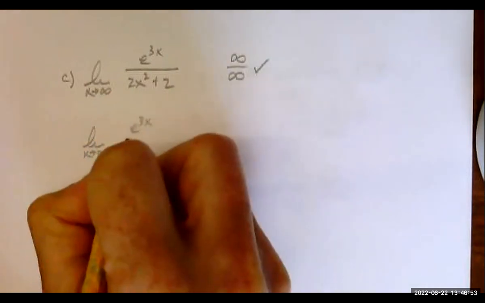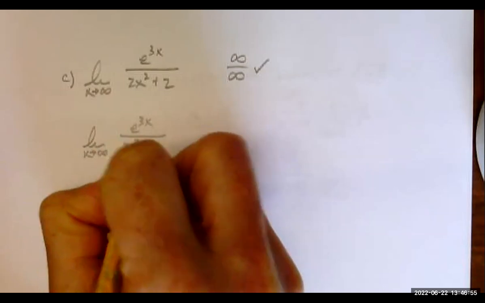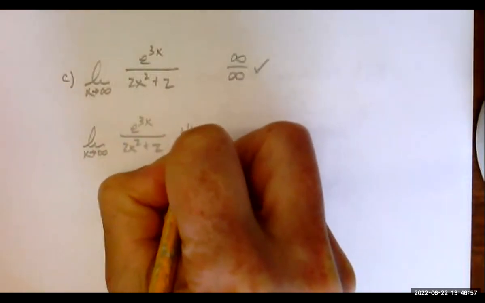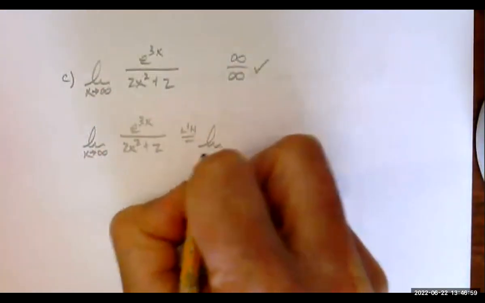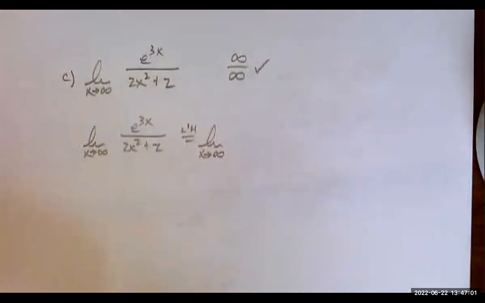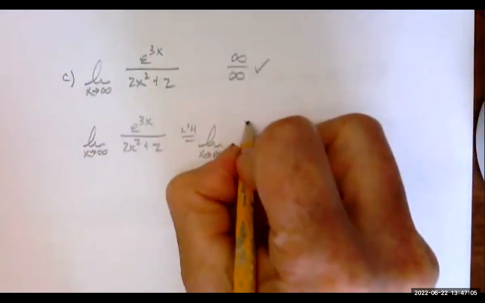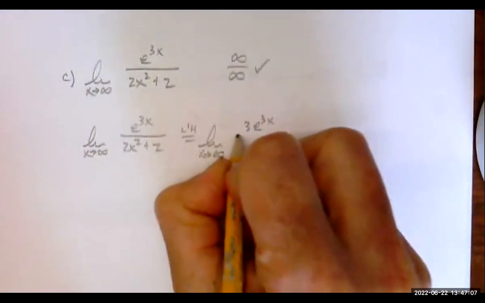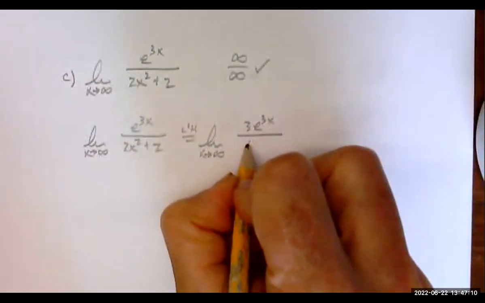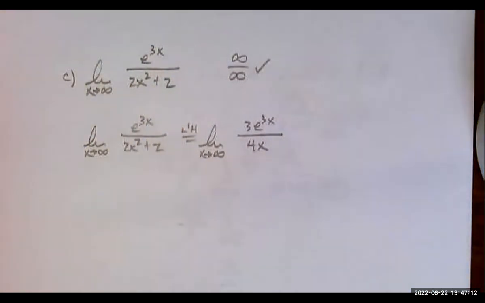So I'm going to rewrite this, and now we can apply the rule. It's the same limit as x approaches infinity. And our derivatives, well, 3 e to the 3x, this time over 4x. Interesting. Okay.